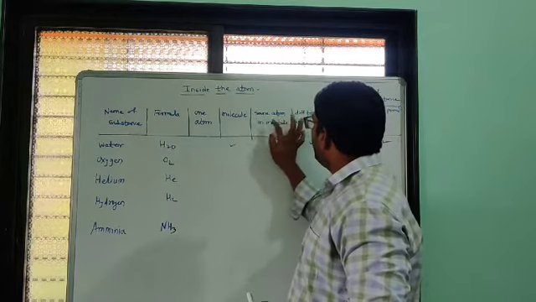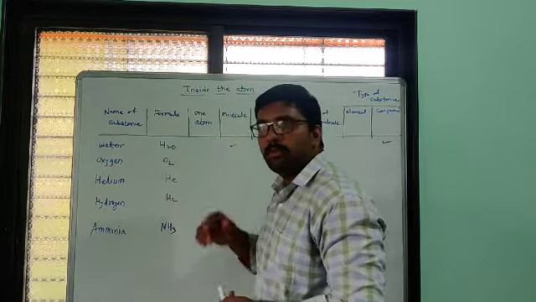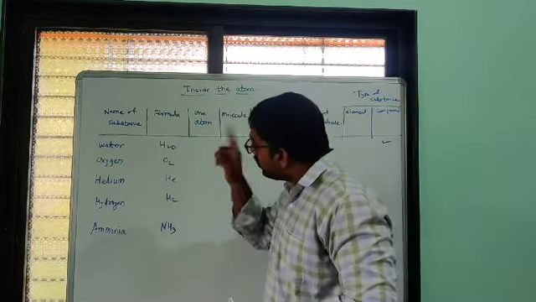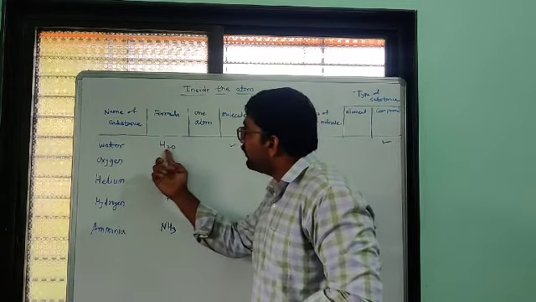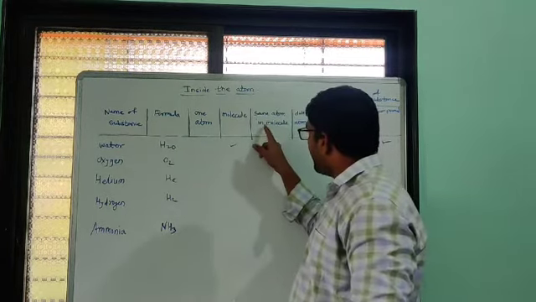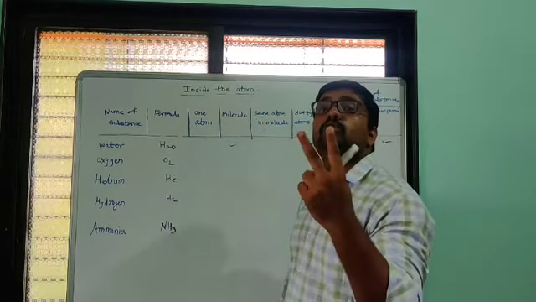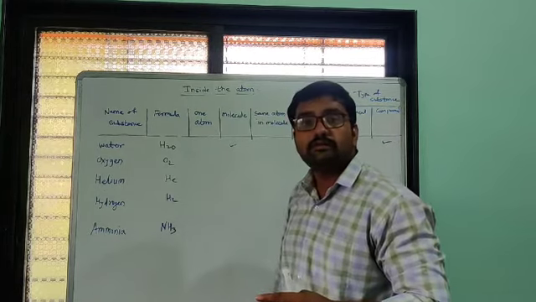Next is the same atom in the molecule. If you see, this is one molecule of water, H2O. To form one molecule of water, we need two hydrogens and one oxygen. So are only the same atoms there? No, there are two types of atoms. Hydrogen is there and oxygen is also there.